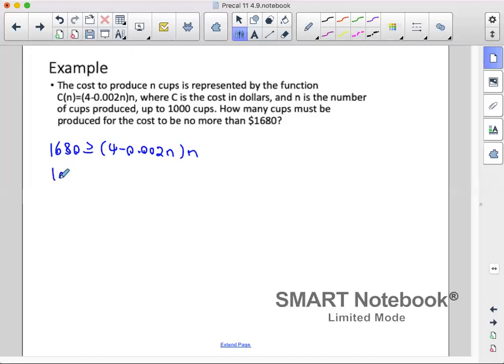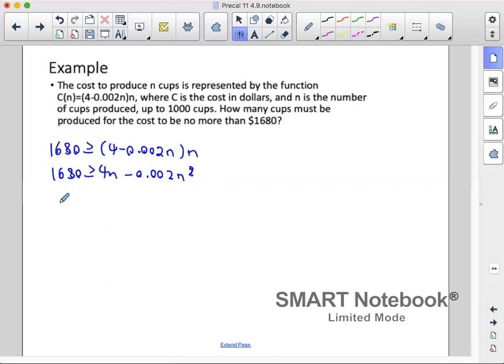Multiply this out, so we've got 1680 is equal to or greater than 4n minus 0.002n squared.